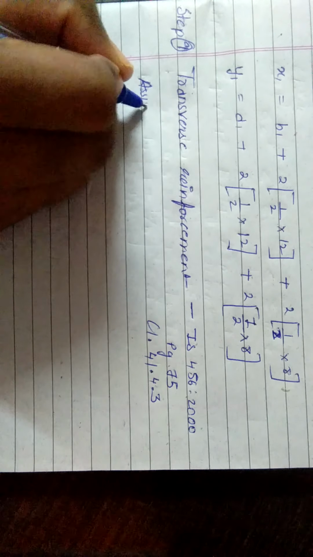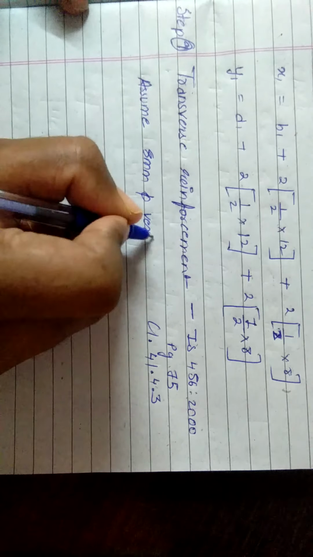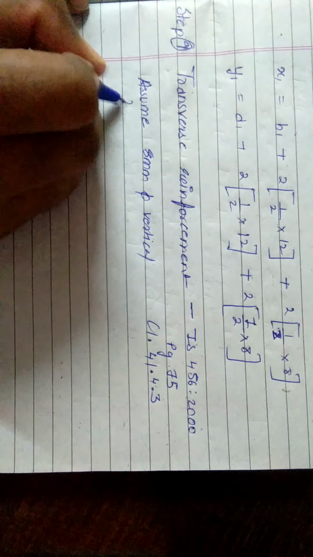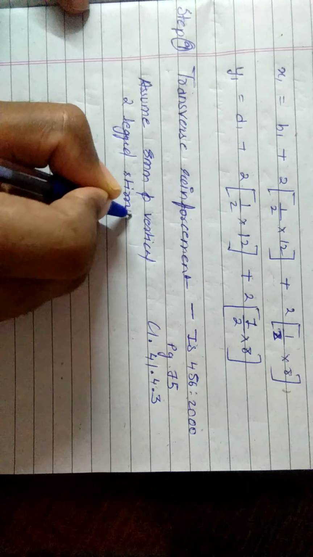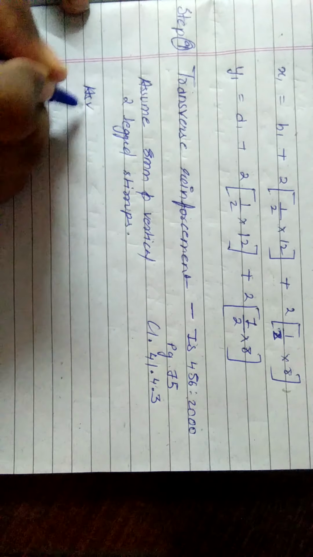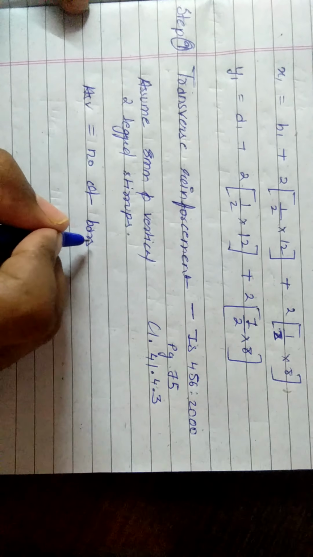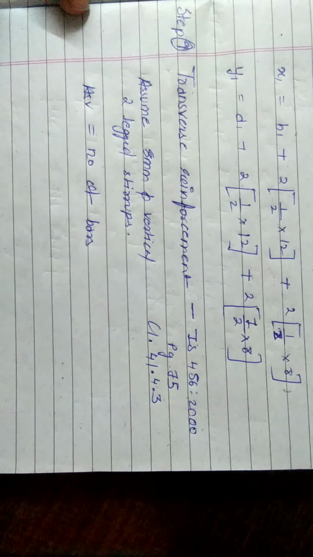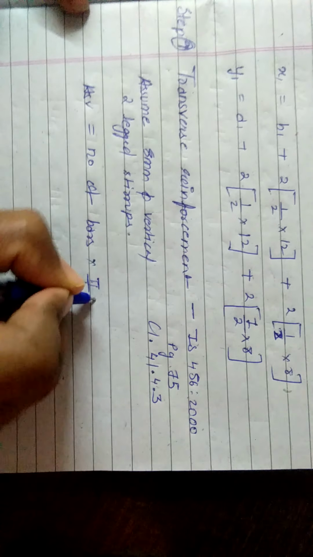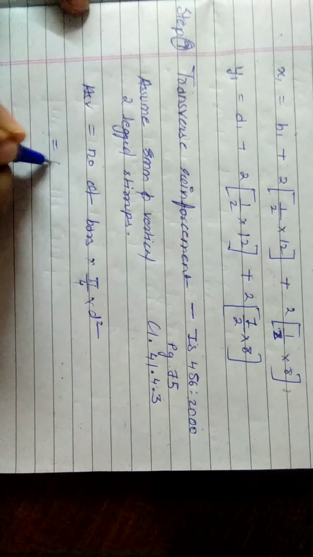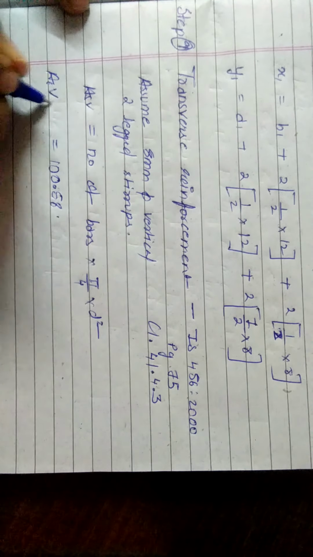Now assume 8 mm diameter vertical two-legged stirrups. Okay, right. Now the ASV is number of bars into pi by 4 into d square, and that will be 100.58. That is the value of ASV.